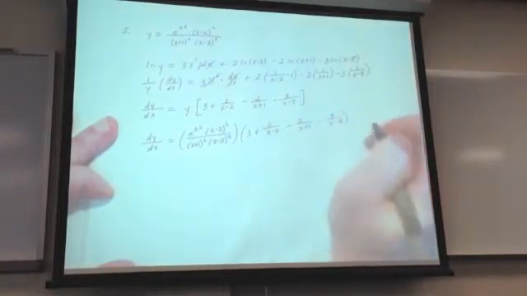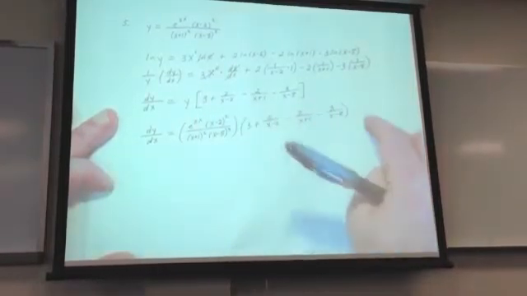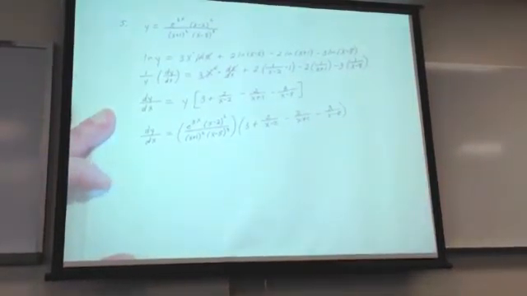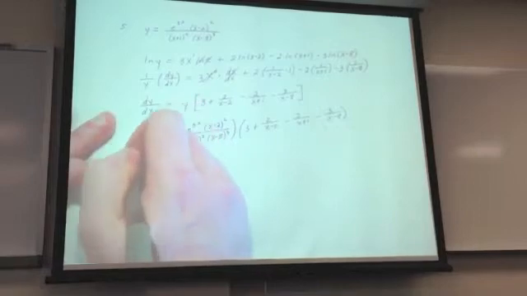Now, it is possible to distribute this fraction times every one of these terms and get an even better answer, but I would advise against that though. It's just time consuming. So I'll just say, I'm happy with that answer.